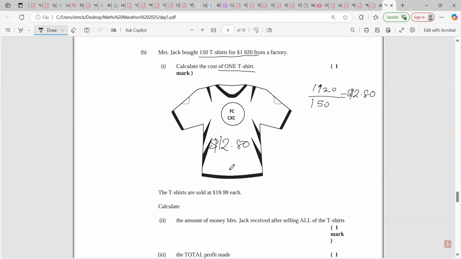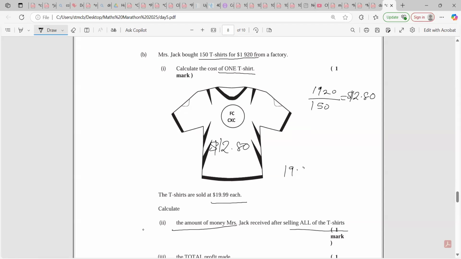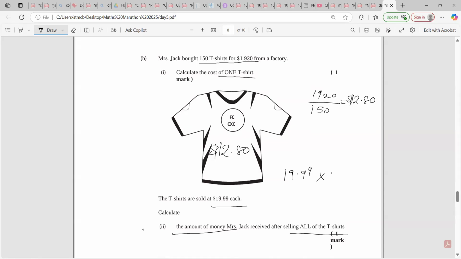Alright, it says the t-shirt was sold for $19.99. Calculate the amount of money Mrs. Jack received after selling all the t-shirts. So if you're selling for 19.99 and she sold 150, let's go into our calculator.